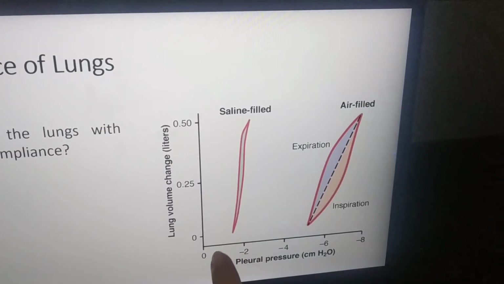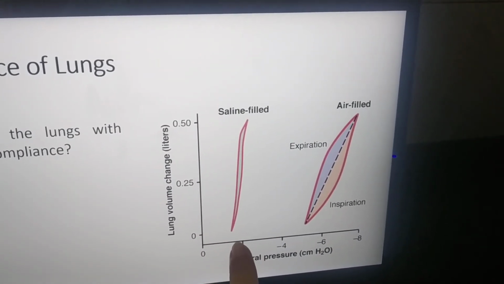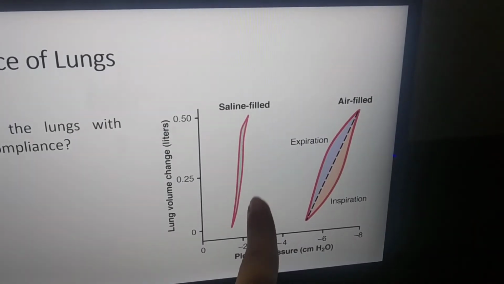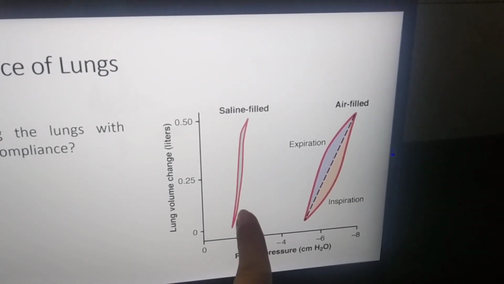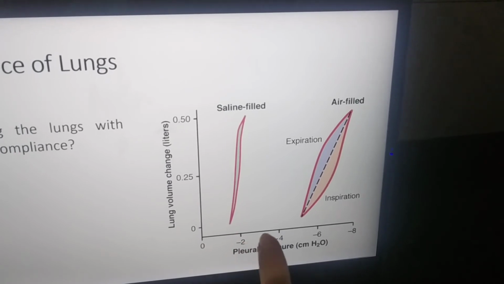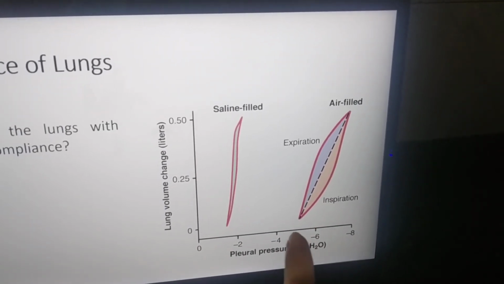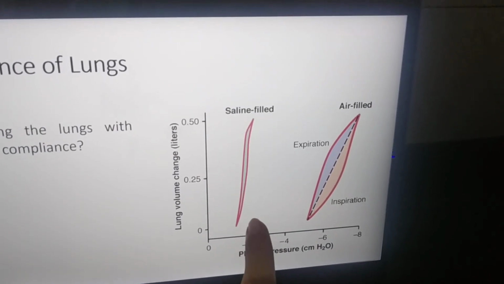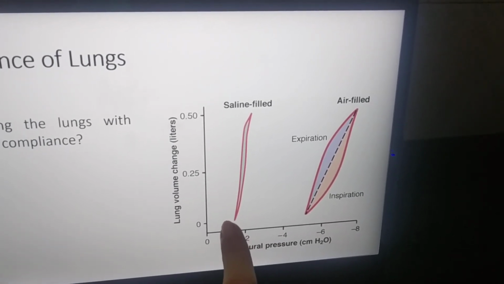So with a very small change in pressure, you can notice here, there is a huge increase in the volume of the lung, meaning the compliance is increased because there is no surface tension effect. The pressure required to expand the air-filled lung is about 3 times greater than that required to expand the saline-filled lung, as the surface tension effect is not present.